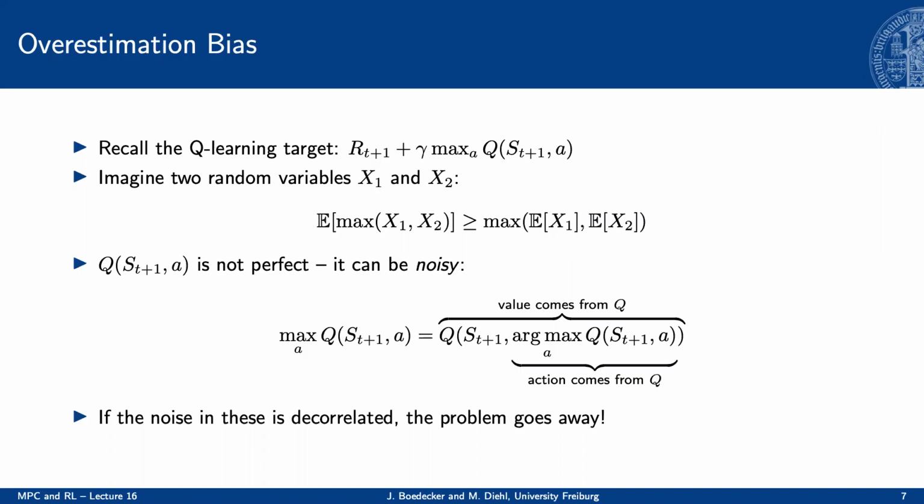And the problem is now the action. So both of these come from Q. The Q itself you evaluate, and also the argmax is evaluated using the same Q function. So both of these things, the Q here and the Q here, are affected by the same noise.